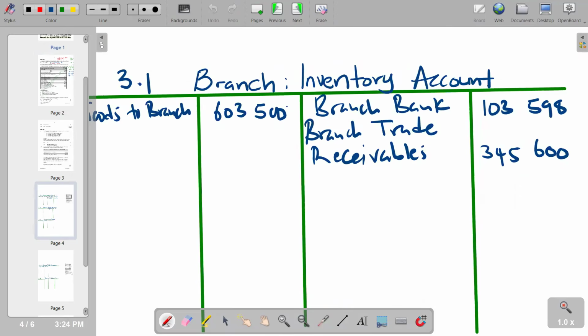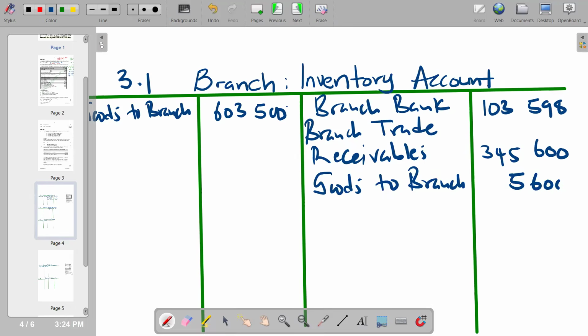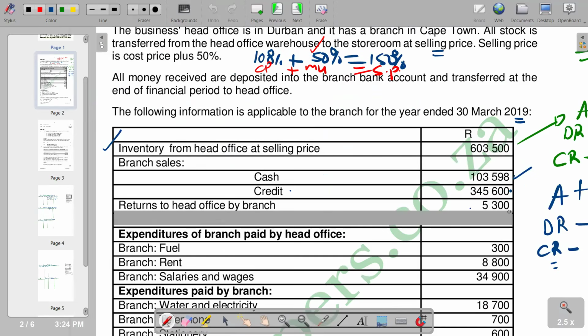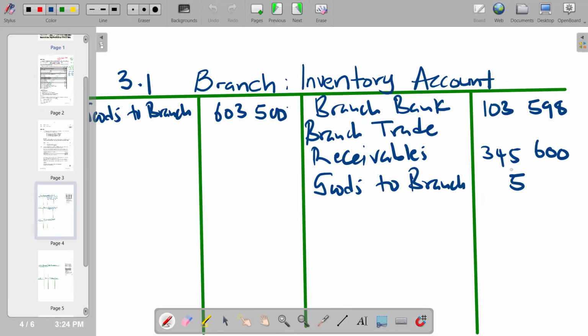So here we are saying goes to branch. Which is 5,300, we can just correct that. Remember the figure that we are picking is this one, which is 5,300. So we have 5,300. Then we are done with that one.